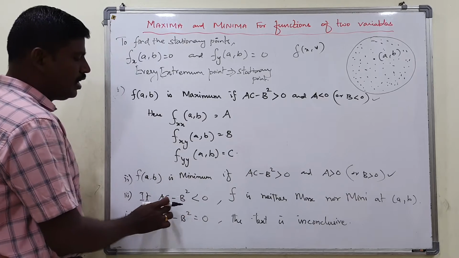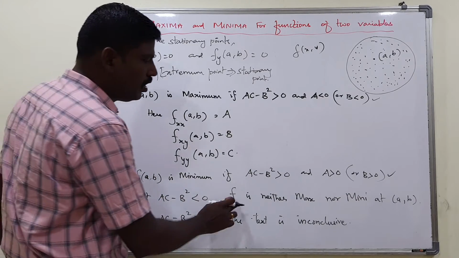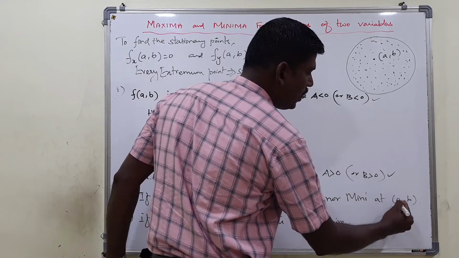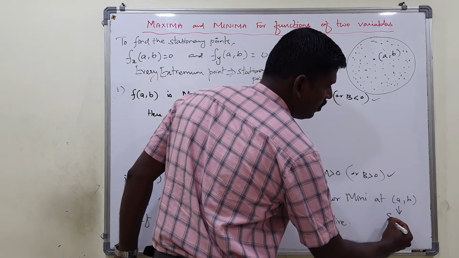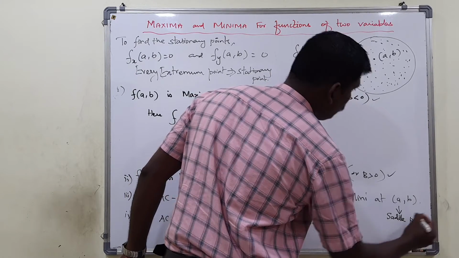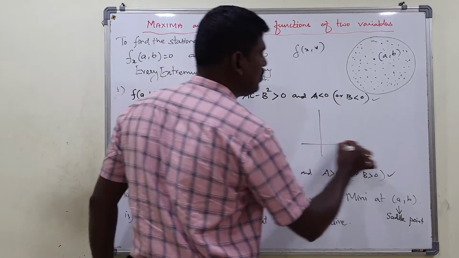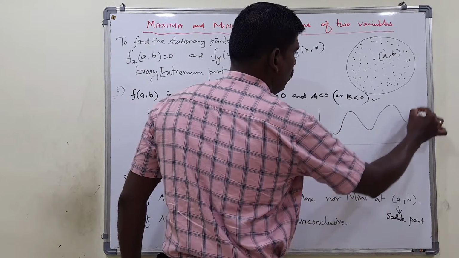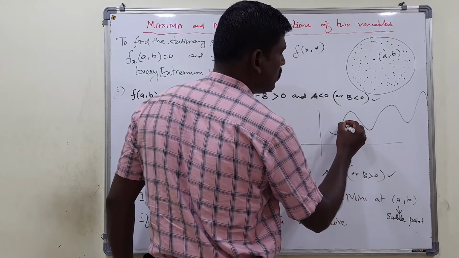Just know that if AC minus b square is less than 0, f takes neither maximum nor minimum at a comma b. Such points are called saddle points. In a graph, we can simply explain what a saddle point is.